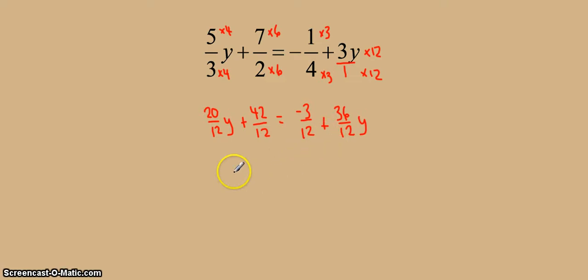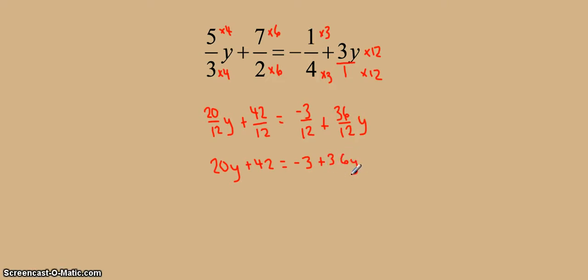Now that we have common denominators between every term in our equation, we can drop the denominators and just work with the numerators. So we need to solve the equation 20y plus 42 equals negative 3 plus 36y.